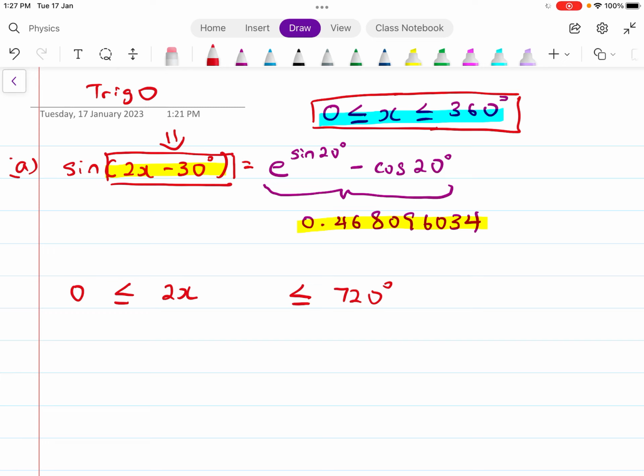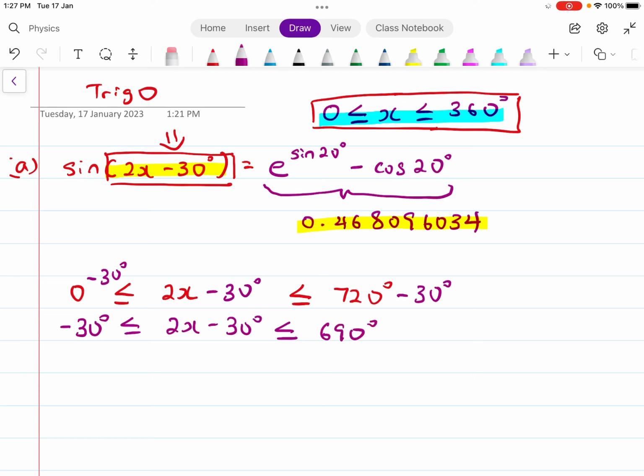Next I add in the negative 30 degree. So in all, I will get 2x minus 30 degree more than or equal to negative 30 degree, less than or equal to 690 degree.